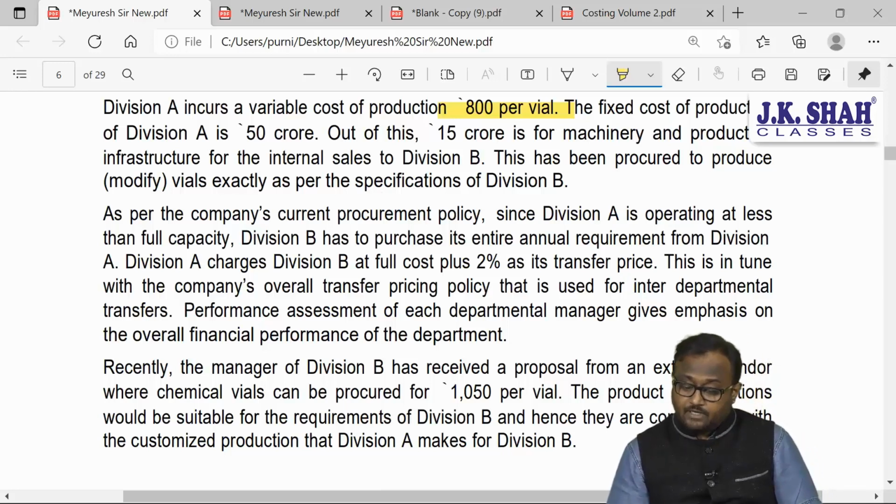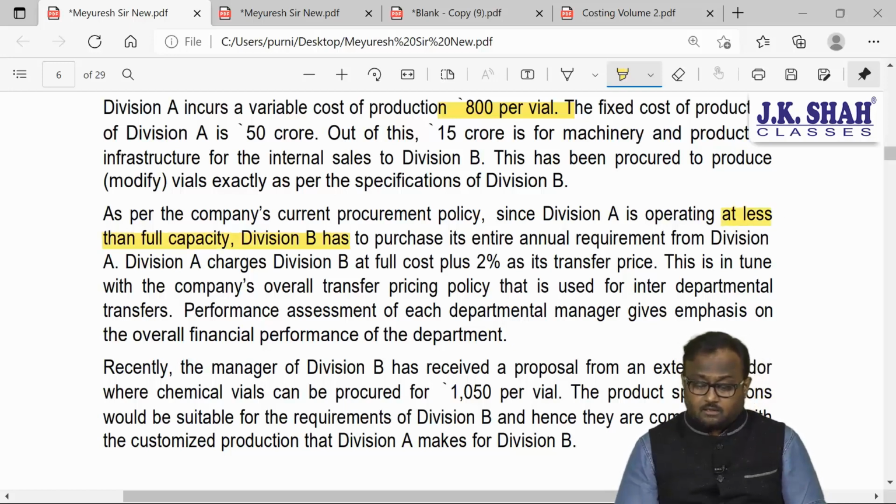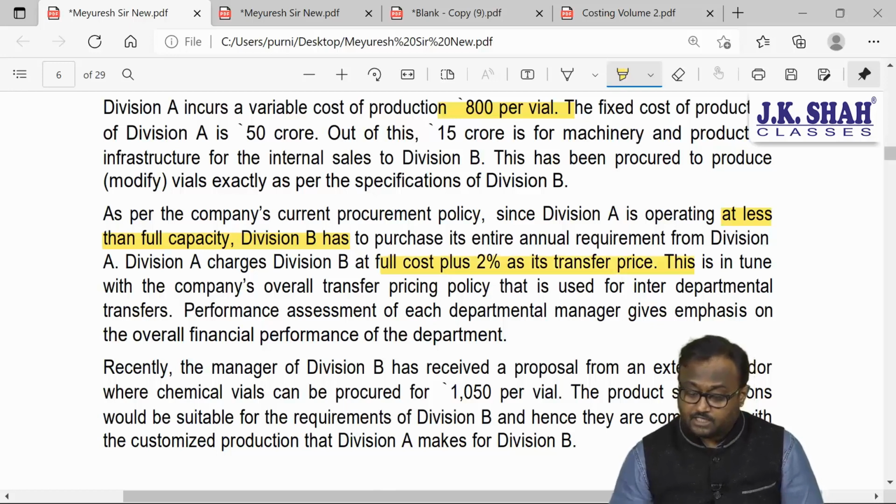As per the company's current procurement policy, since Division A is operating at less than the full capacity, Division B has to purchase entire annual requirement from Division A. Division A charges Division B full cost plus 2% as his transfer price, full cost.